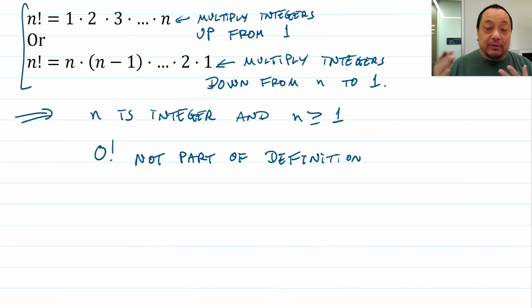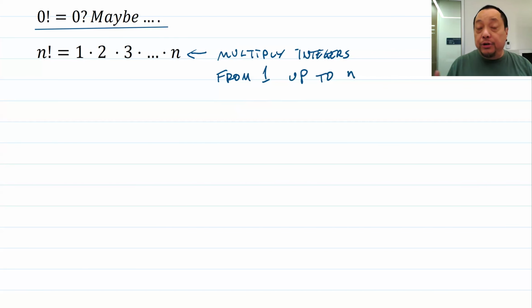What number should we set 0 factorial equal to? Well, I'll show you a few reasons why 0 factorial could be 0, but then I'll show you why 0 factorial equals 1 is a better idea. Could 0 factorial equal 0? Maybe. Let's take a look at the definition of n factorial that says that we're going to multiply integers from 1 up to n. And then you go 1, 2, 3 and up, not going to be 0.